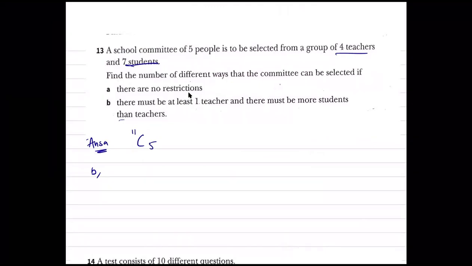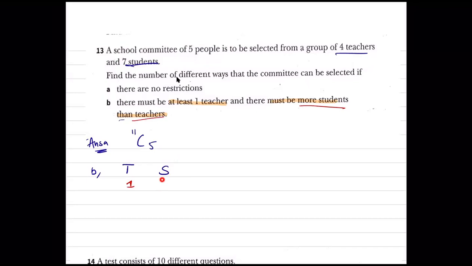But in part B, there is restriction. The question says there must be at least one teacher and there must be more students than teachers. So teachers and students. If I take one teacher on the committee, how many students will I be needing to make a complete group of 5? 4.